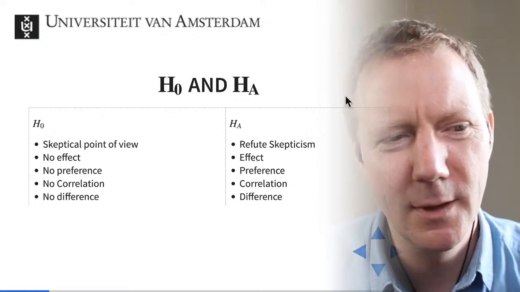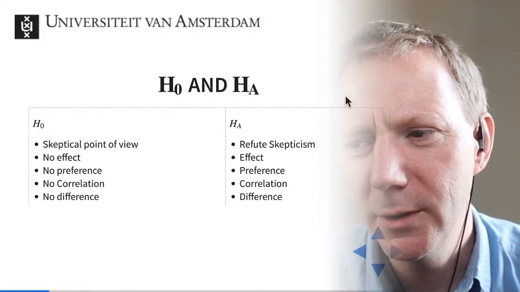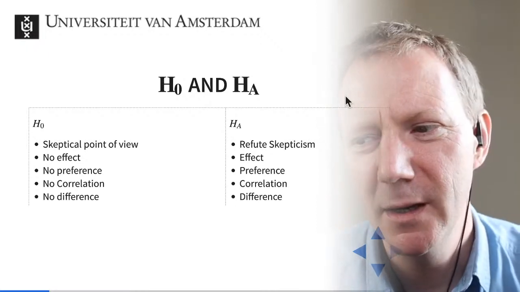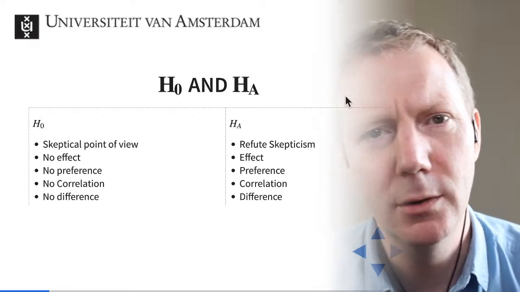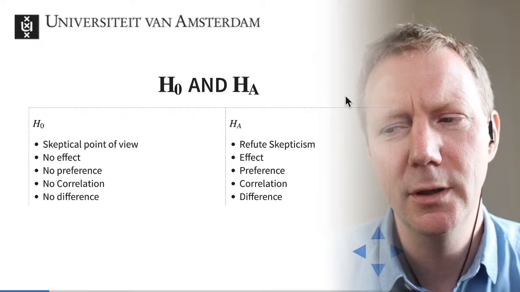So the alternative hypothesis is then, of course, the hypothesis where you refute your skepticism, where you think, well, there might be an effect in a certain direction, or you might not even have an idea on the direction of the effect.